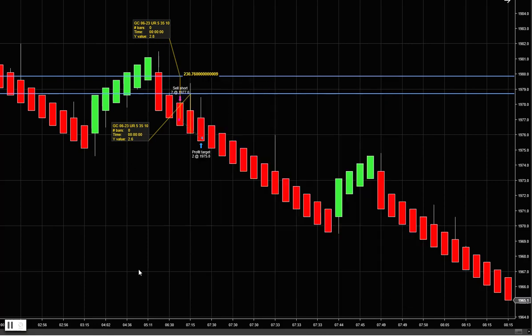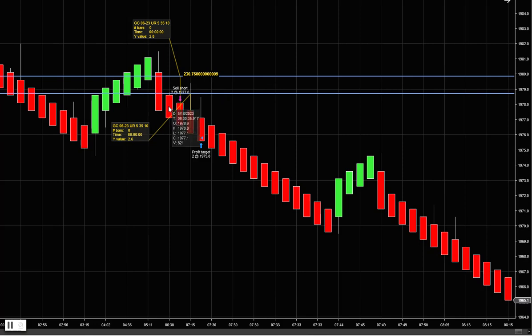This is today's chart. We had an entry right here. Sell at 1977 at that point. Why is the entry 1977? Because the parameters allow this trade to be entered based on all the filters that we have built into the strategy. 1977 is one tick lower than this signal bar's low.